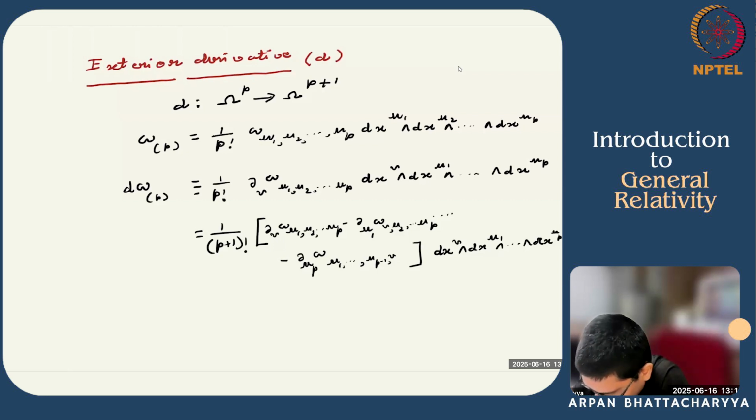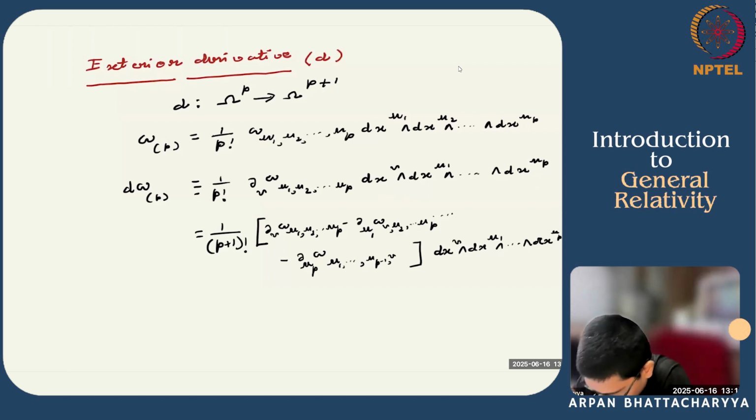We can write it as usual: 1 over p factorial, then the components which have p indices and are completely antisymmetric in these indices, and this forms the basis for these p-forms. Now d of omega_p is given as 1 over p factorial, then partial derivative of mu acting on the components, and then we have the p plus 1 coordinate differentials in the wedge product. You can see they form a basis of a (p+1)-form.